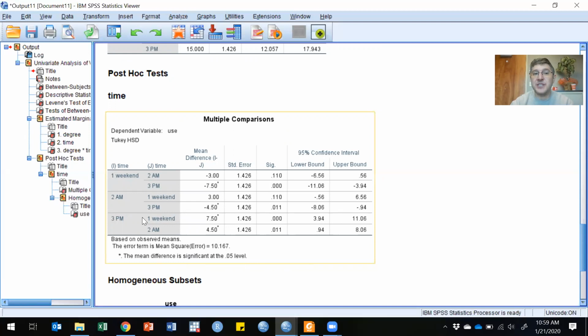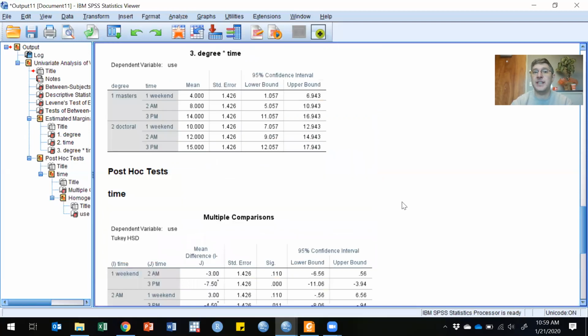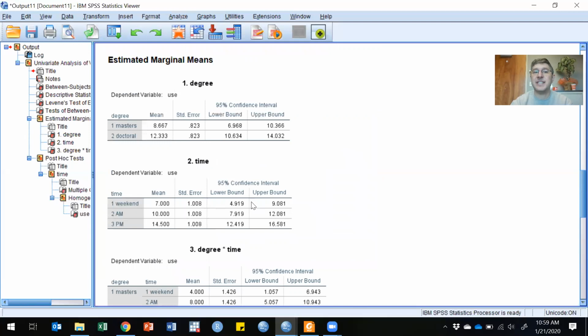And they use the computer lab significantly more in the evenings than they did in the morning. The p-value is significant here as well. So there was no significant difference between the morning and the weekend. So it's saying that evening time is significantly different than morning or weekend time.